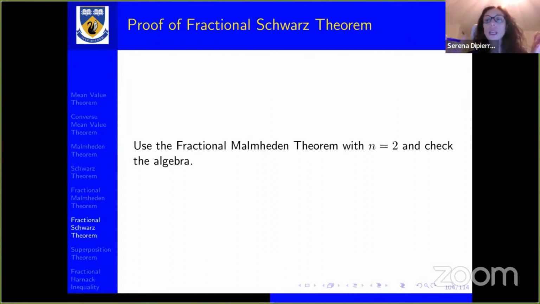So you basically check that, more or less doing the same computation done in the classical case. If you start from the expression that we have in the Schwarz theorem, you do a bit of manipulation, then you end up with the expression that you have in the fractional Malmheden theorem that you have already proved. So it's really a bit of manipulations, a bit of algebra, and the clever use of the spherical change of variable. So that's essentially the same.